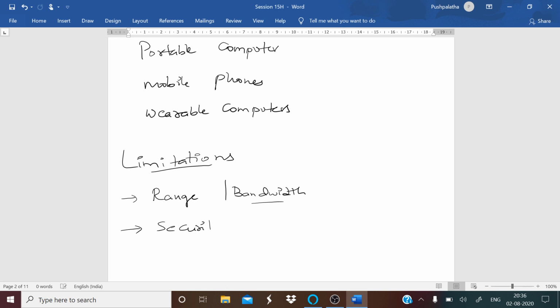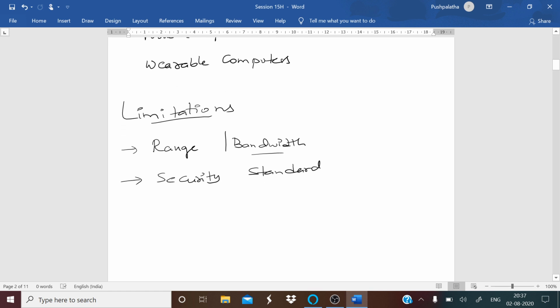The security standard is another limitation. When you are working with a mobile, you are depending on public networks, so security will be a major concern. One can easily attack the networks because they are interconnected wirelessly.